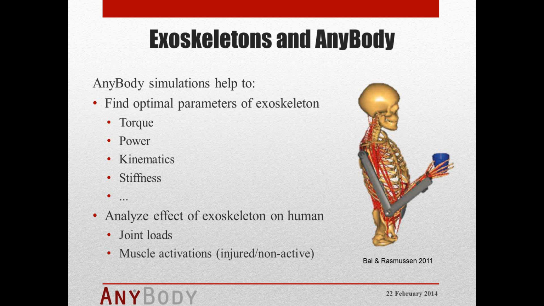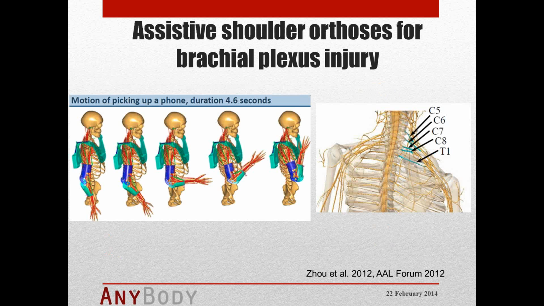So I have prepared a couple of models from literature to show some examples of what has been done in the past. The first paper I'm showing here is from Xu et al. from 2012. They developed an assistive shoulder orthosis for brachial plexus injury.